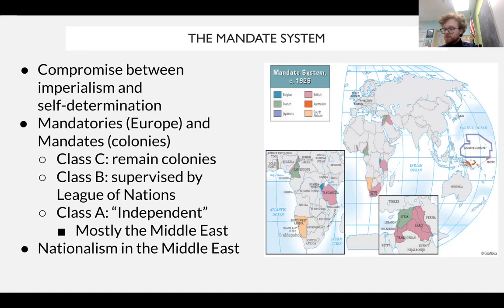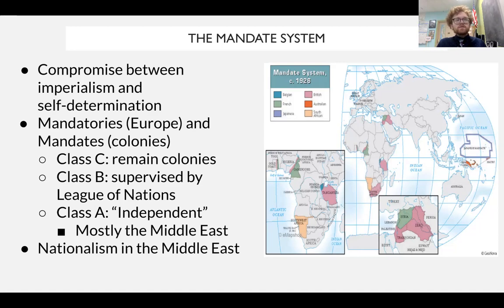But a compromise needs to be reached between the different allies. We are going to see that, and that is going to be in the mandate system. Essentially, the mandate system is kind of offered as a way to transition some colonies into independence. There is going to be a division of the world into mandatories, European countries for the most part, and mandates, the colonies.